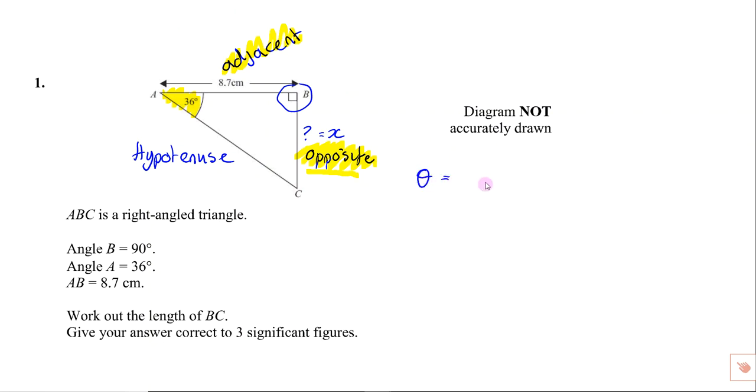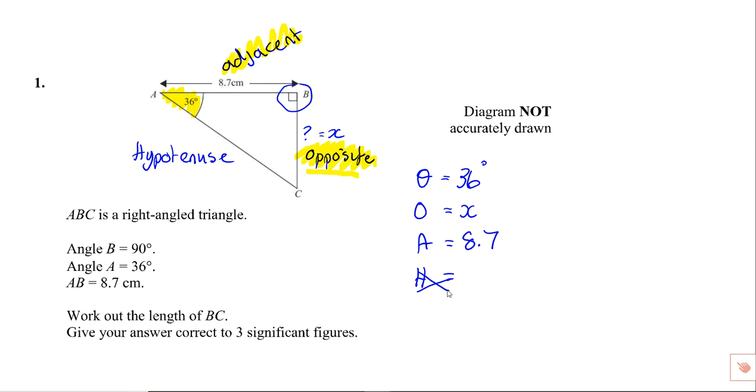Do I know the angle? Yes, it's 36 degrees. Do I know the opposite side? No, but I want to know it. Do I know the adjacent side? Yes, I do. Do I know the hypotenuse? No. Do I want to know it? No, so I cross out my little hypotenuse. That's the information I've got, and I've worked out what I want to know. Does that make sense?